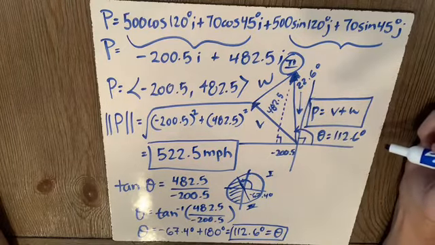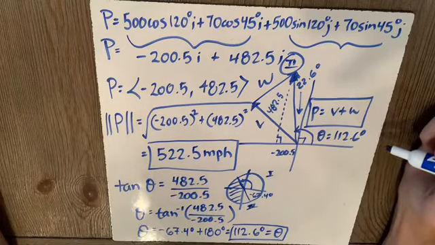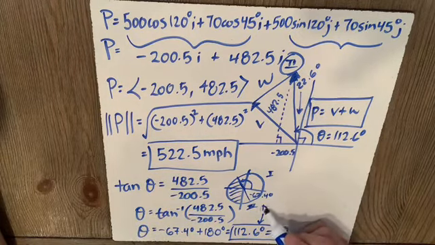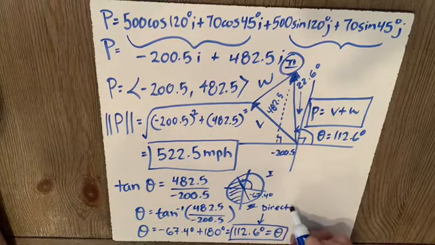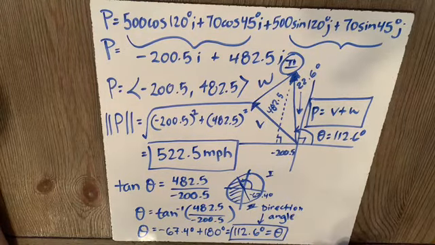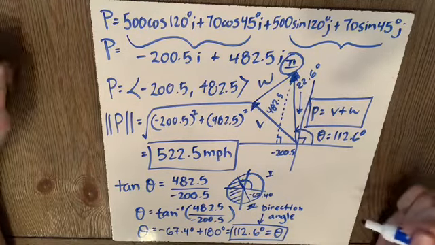So the problem asked us for the bearing. If you put this as the bearing, you'll be wrong. This is what we call the direction angle. And that is the angle used in the formula. We have to use that in the formula.